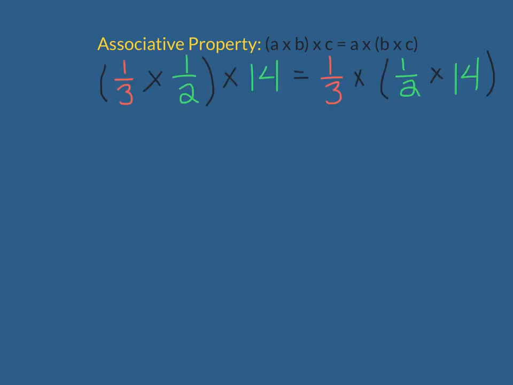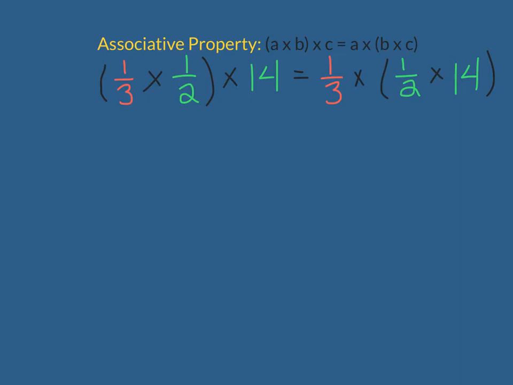So here's the associative property written out with an example. We have 1/3 times 1/2, then you multiply that times 14, which is equal to 1/3 times 1/2 times 14. So when we work this out, we can see that they are still equal.